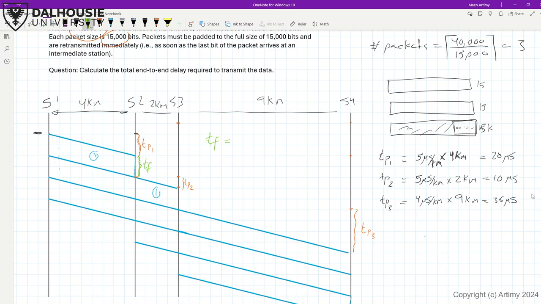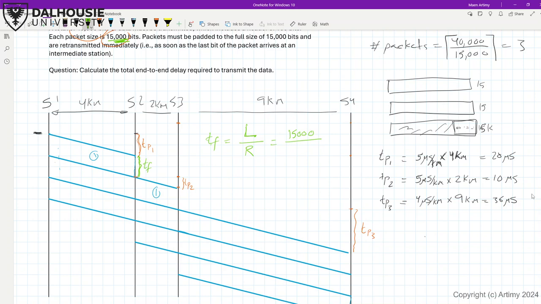the time it takes a whole frame or a packet to go from one end to another, is really the size of the packet, let's call it L here, and the transmission rate. The size of the packet was given to us, it's 15,000, right? And it doesn't matter which cable, the transmission rate is always the same.